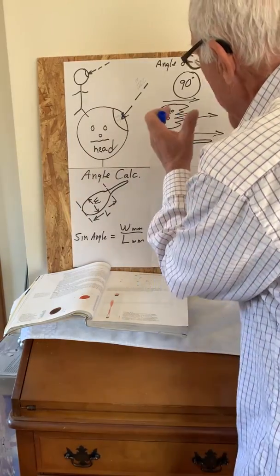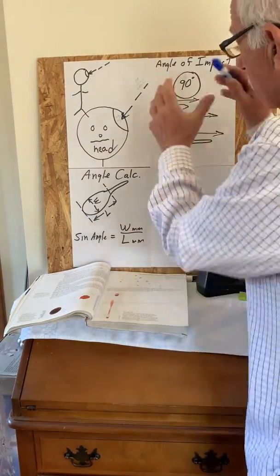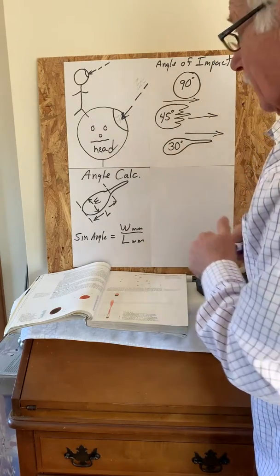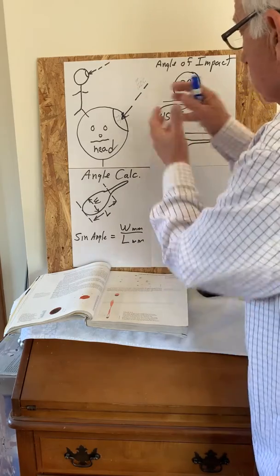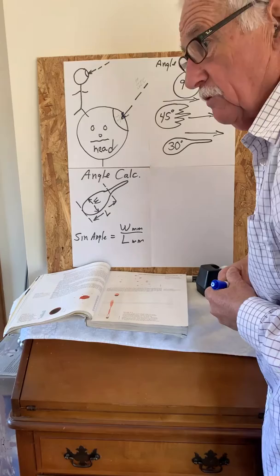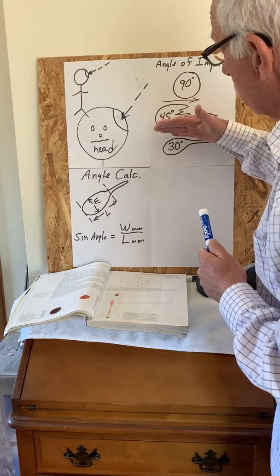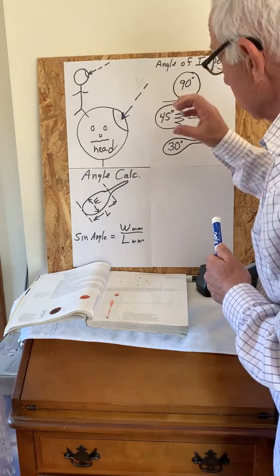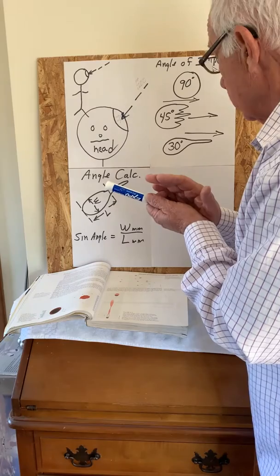So by looking at the geometry and the features of the blood impact stain on the surface, you can tell the direction from which it was actually projected. So it becomes more and more elliptical as the angle of impact becomes less and less.